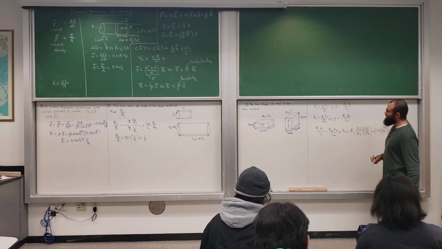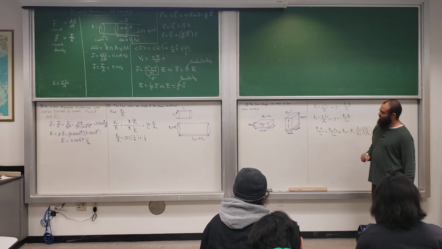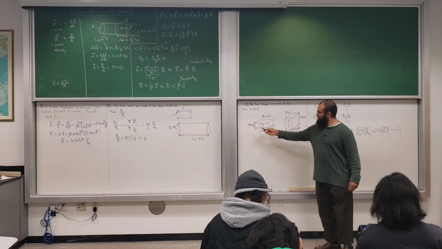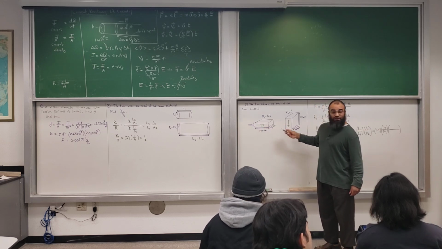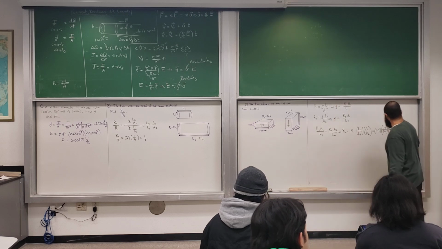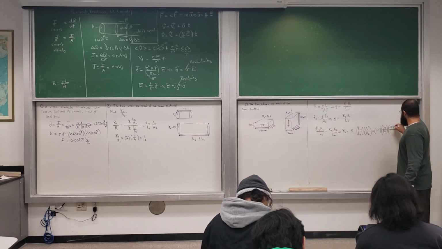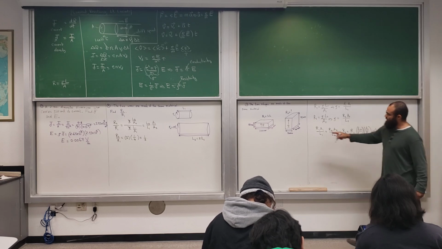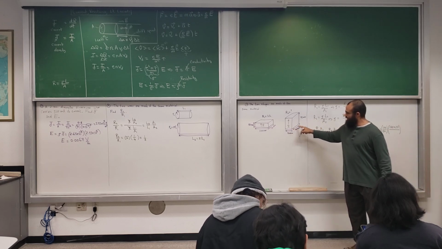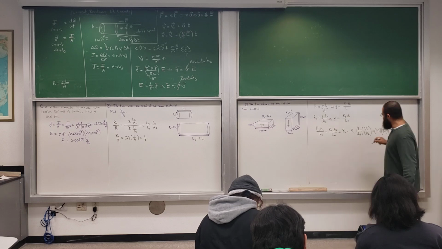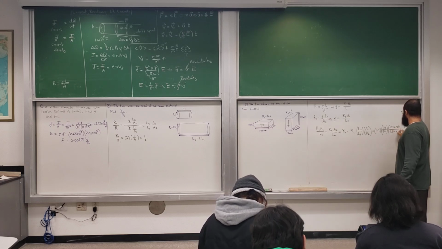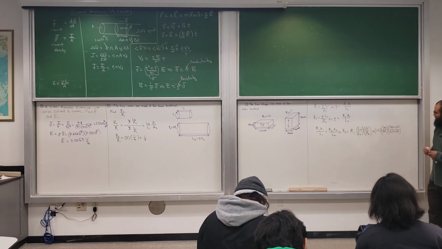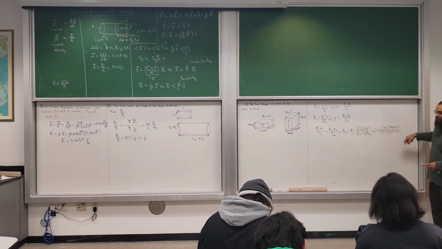Now, area 1. It's 100 by 20, right? So I would write 100 times 20, and then this area, 50 times 40. 2000 on top, 2000 on the bottom.